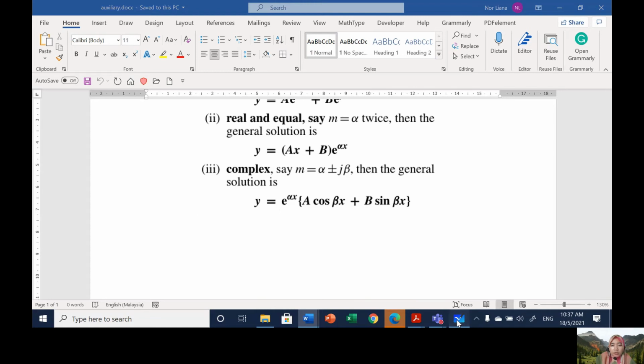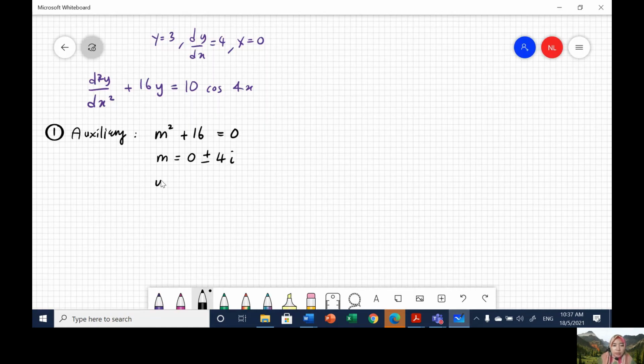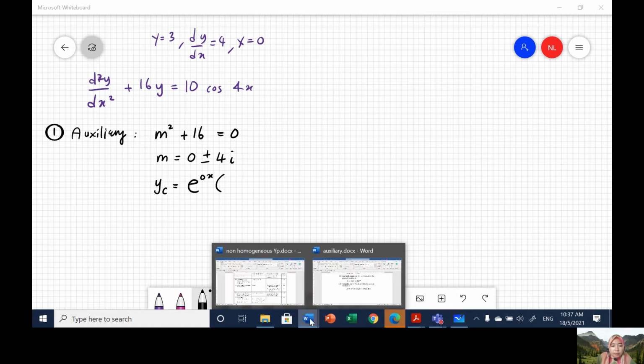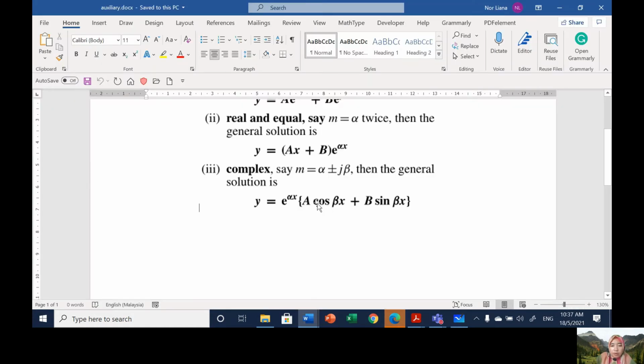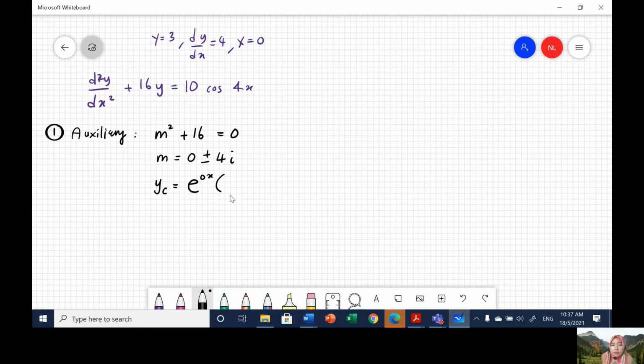Generally, we are going to write down something like this form: e to the power 0x, then A cos beta x plus B sine beta x.